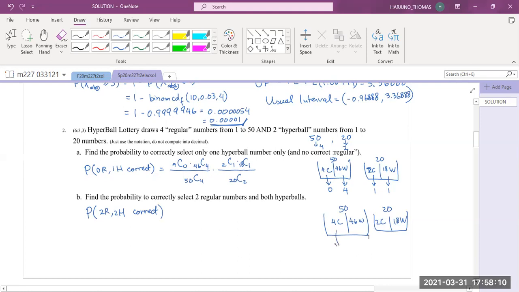You want to select 2 correct from the regular, which means the other 2 are incorrect, and both hyperbole correct, which means nothing selected from the wrong ones. And this will be 4 choose 2 times 46 choose 2 over 50 choose 4, times 2 choose 2 times 18 choose 0 over 20 choose 2. That's for number 2.